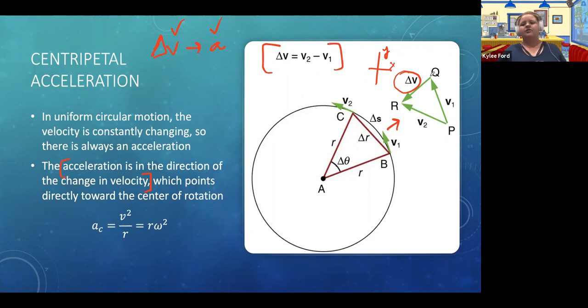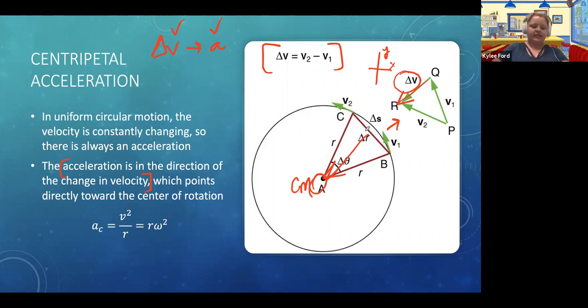And so that change in velocity, as you can see, is pointing in this direction, which is actually towards the center of our little circle here, right? Or we can call this the center of mass, the point at which it's the center of the mass, if that kind of makes sense.